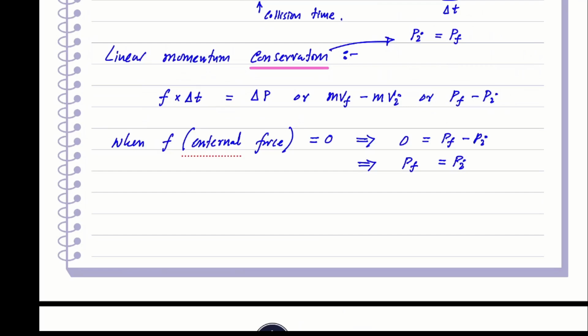So when the applied force or the external force is equal to 0, according to the formulation, you can see p final is equal to p initial. So this is called linear momentum conservation. In the absence of an external force, you can apply linear momentum conservation.